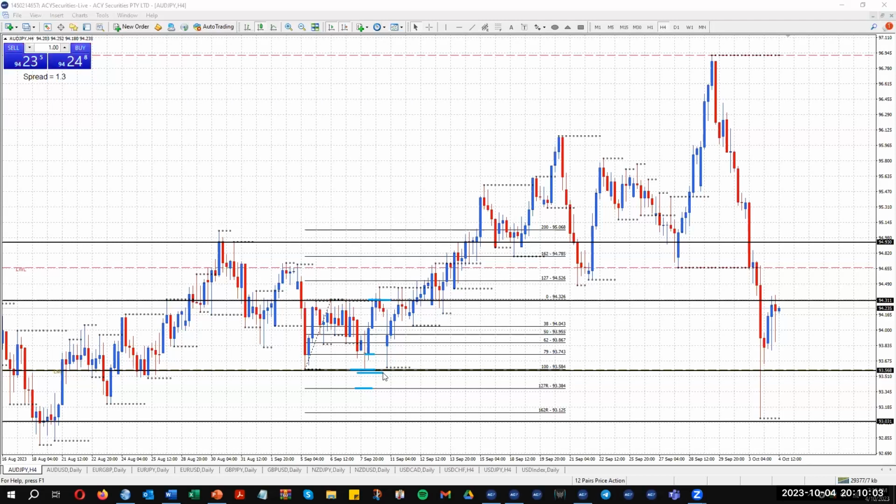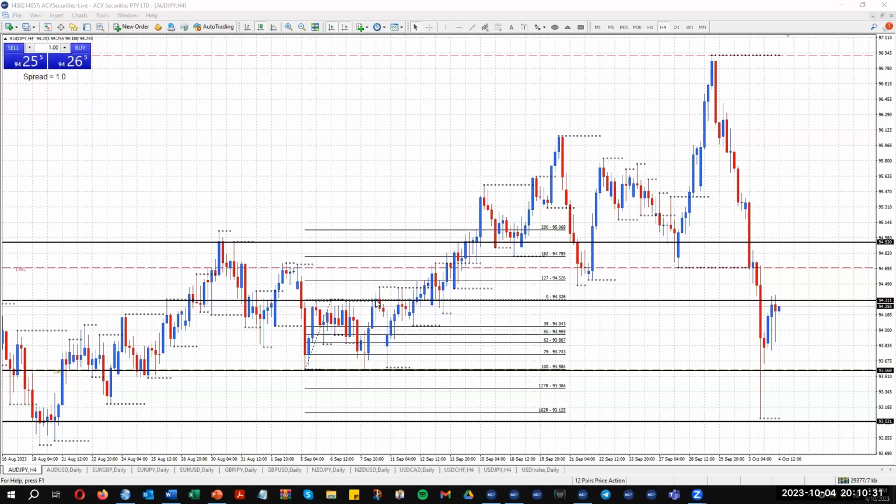All right. Now, we are in a range. I just want to clear these lines off. So when we move up to the top of the range, and this maybe isn't that easy to do from a mindset perspective, but if we're in a range, we're buying at the bottom, we're taking profit at the top on the basis that we think price is going to hold to the range.